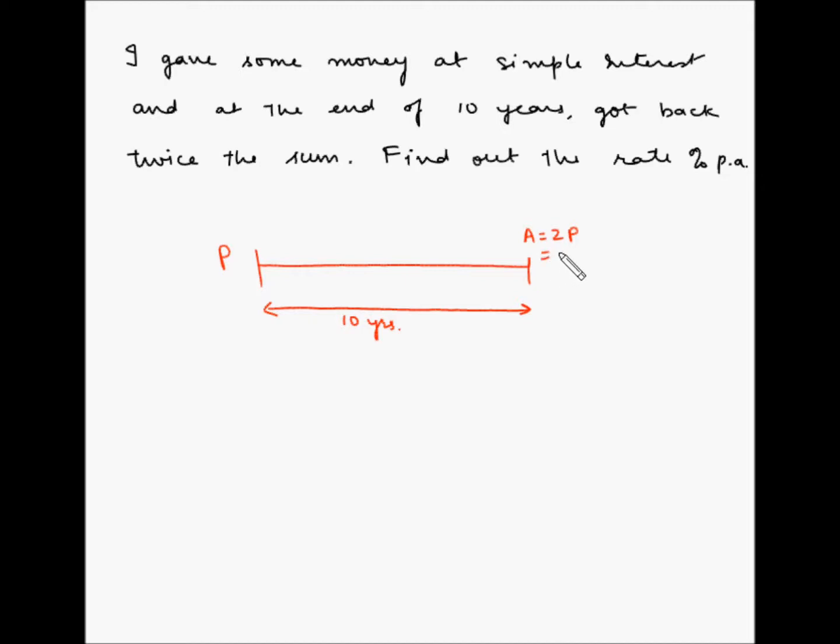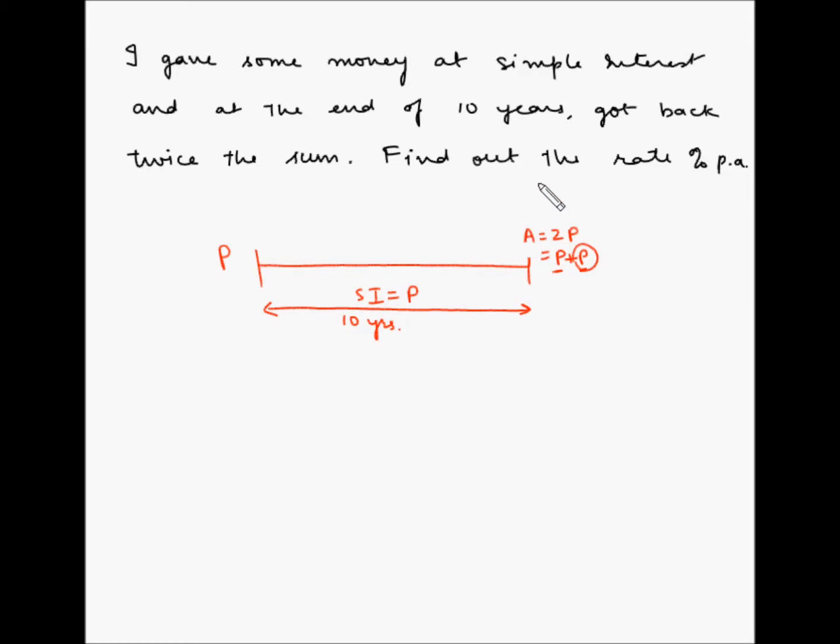Now this is equal to P plus P. Now of course the amount that I get at the end of the period is going to be principal plus the simple interest. So here the simple interest is equal to the principal. So for the 10-year period, the simple interest is equal to the principal amount which I had lent.